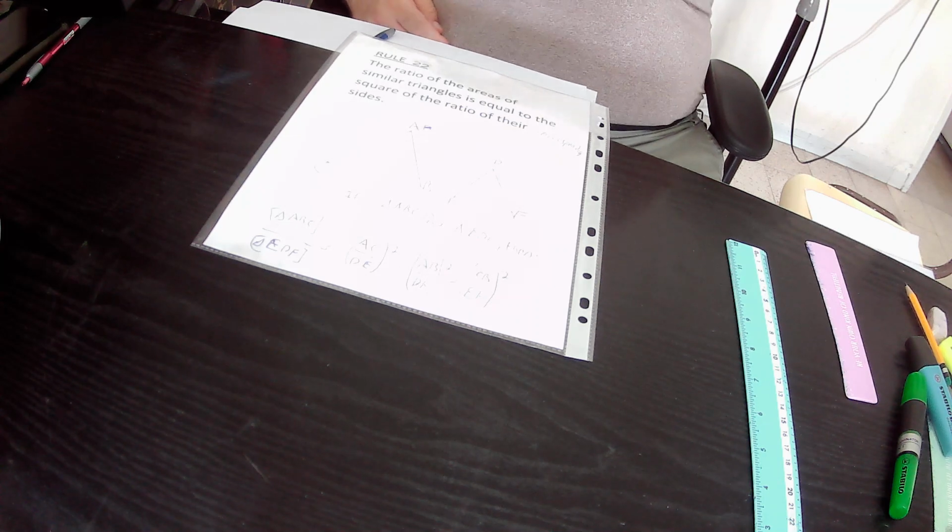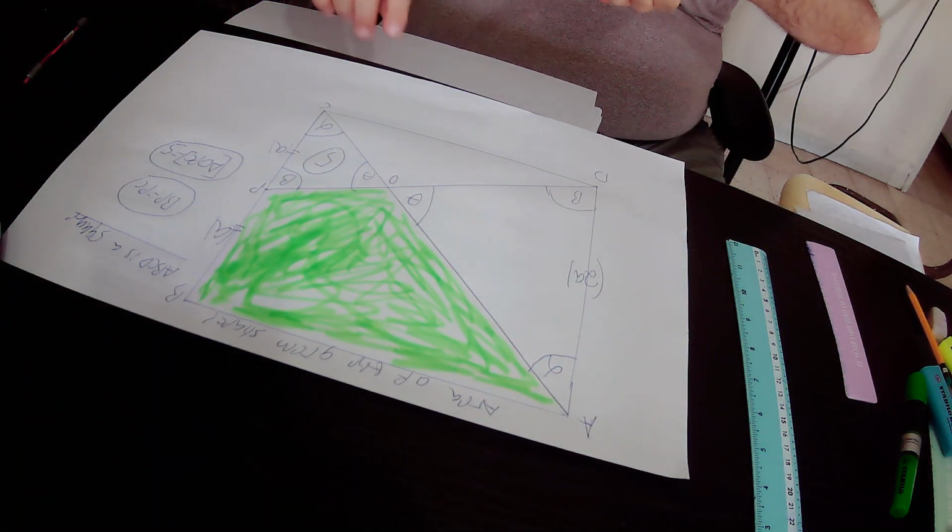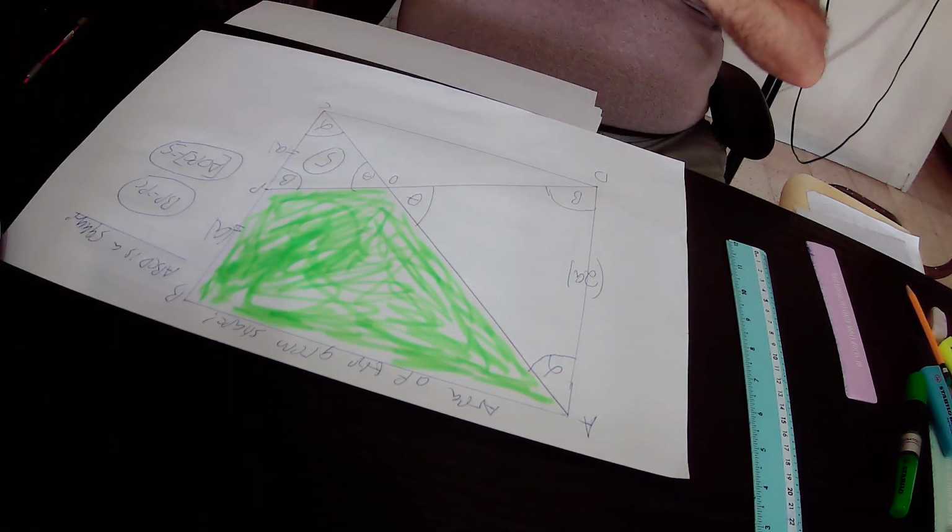So the ratio between the areas of two similar triangles is equal to the square of the ratio of their corresponding sides. We can implement the new rule in our drawing. Why? Because in our drawing we have already found out that the big triangle DOA is similar to the small triangle COP.